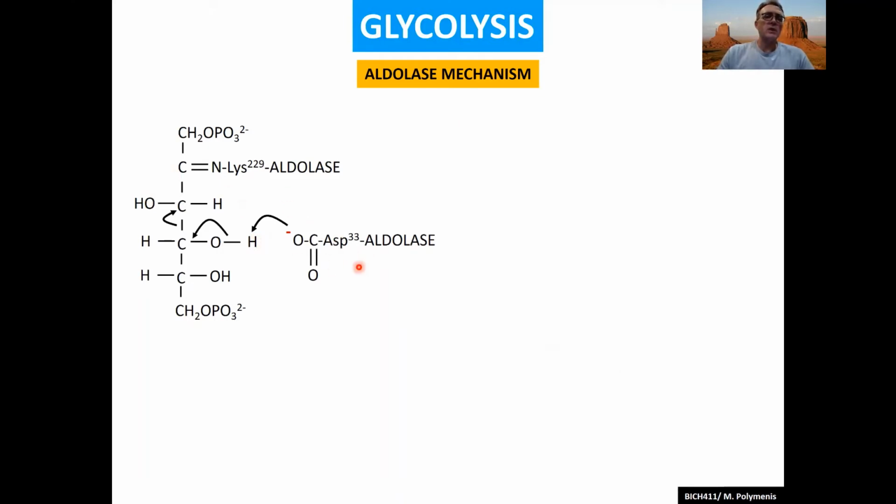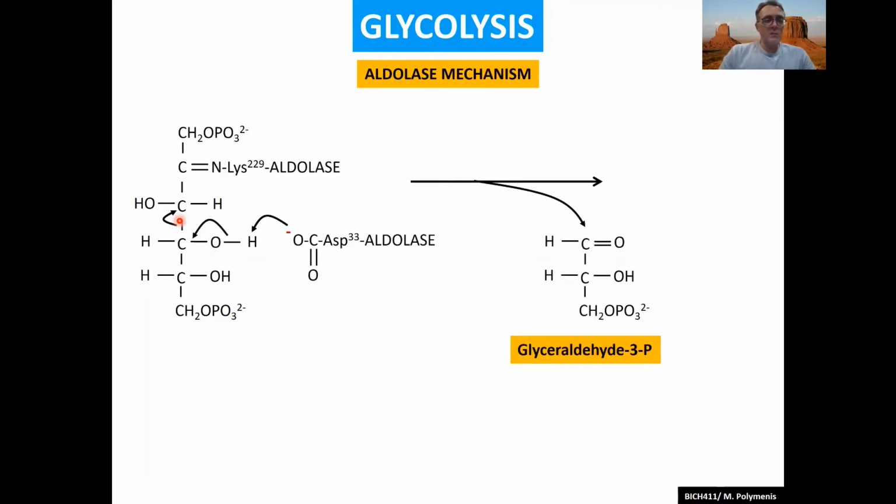We have an aspartate on aldolase to subtract this proton from this hydroxycarbon, and then you break up the bond. So we generate right off the bat the first product, which is glyceraldehyde 3-phosphate. So that's an aldehyde. There is a terminal carbonyl group right here. It is a sugar also.